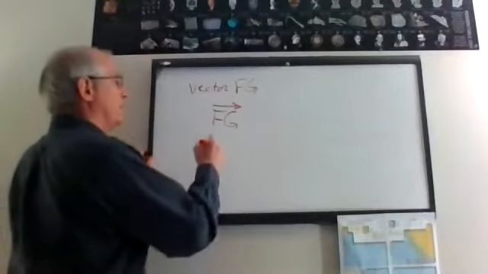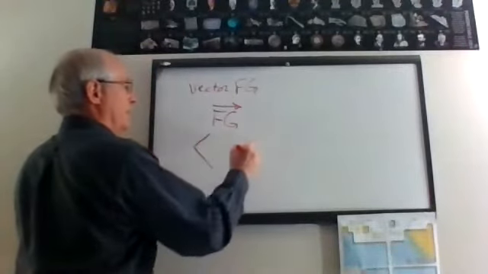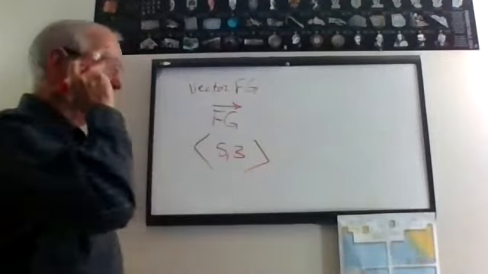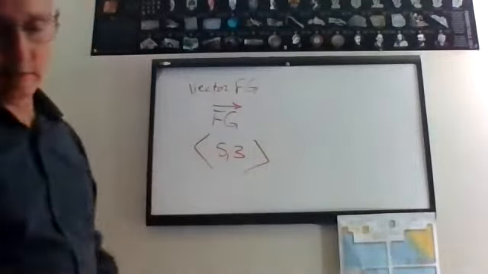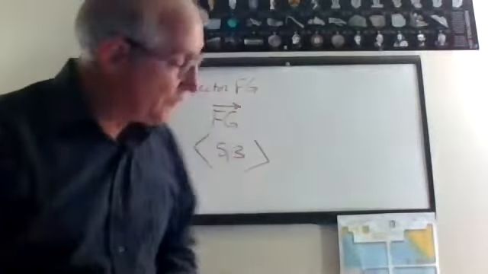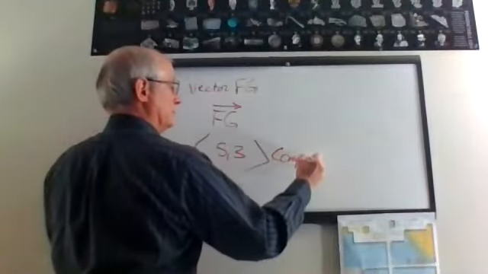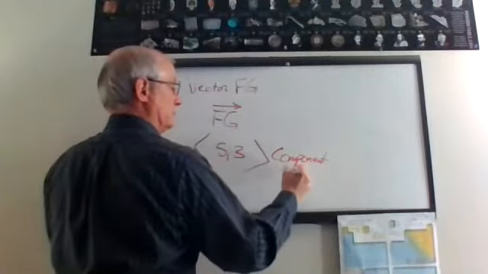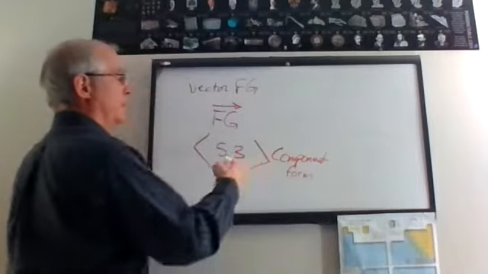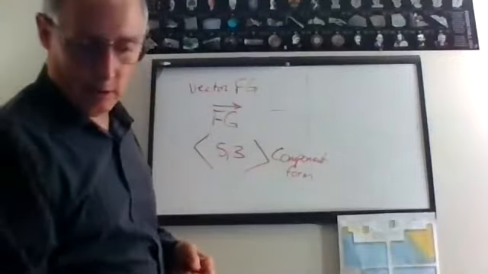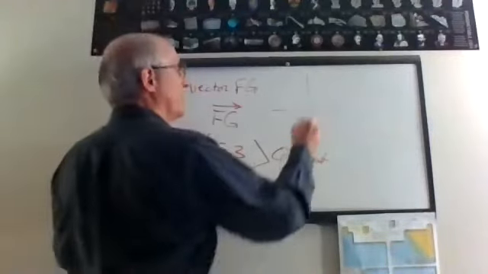And then 5, 3. Those are all 3 ways of describing vector FG. That's called the component form. Because for vector 5, 3, you go over 5 and up 3.